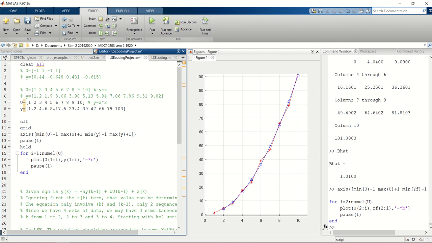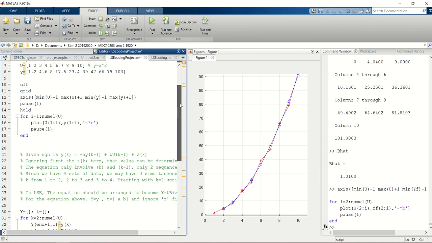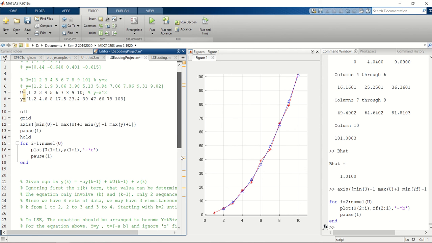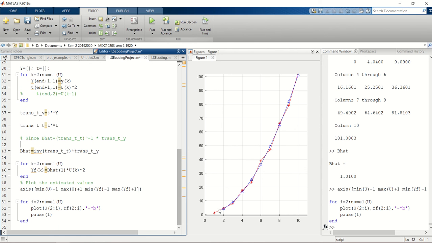You find roughly data about that, and then you use this LSE. Can you get that coefficient 3, okay? Cube means the power of 3, right? Okay, so try to find it. If you can get your b hat around 3, and then you can get the line almost the same as the data that you created earlier, then you are done with this one, right?